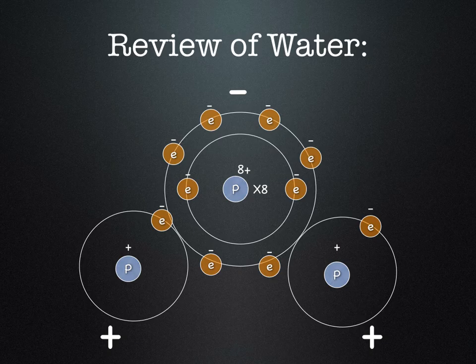Since there's a wide difference in electronegativity between hydrogen and oxygen, the electrons tend to spend most of their time surrounding the oxygen atom. This causes a positive charge on the hydrogen side and a negative charge on the oxygen side. This is what it means to be polar.